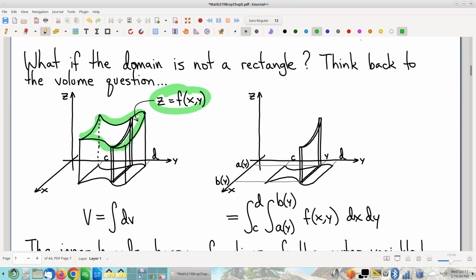I want to talk about how much volume there is underneath that graph sitting over some region, even if that region is not a rectangle. That's a perfectly reasonable question. Is that cool? Everybody all right with that?